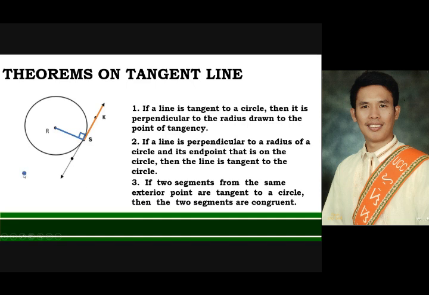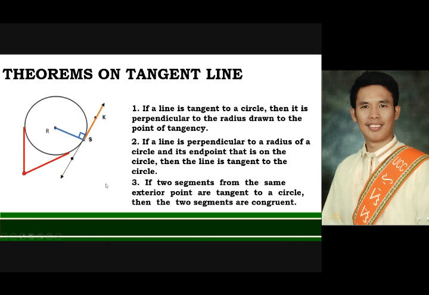Then, if we have two tangent lines that meet at our exterior point, this is your tangent line, the red line here, and another tangent line. It considers that these two tangent lines here are congruent, or these two segments here are congruent.